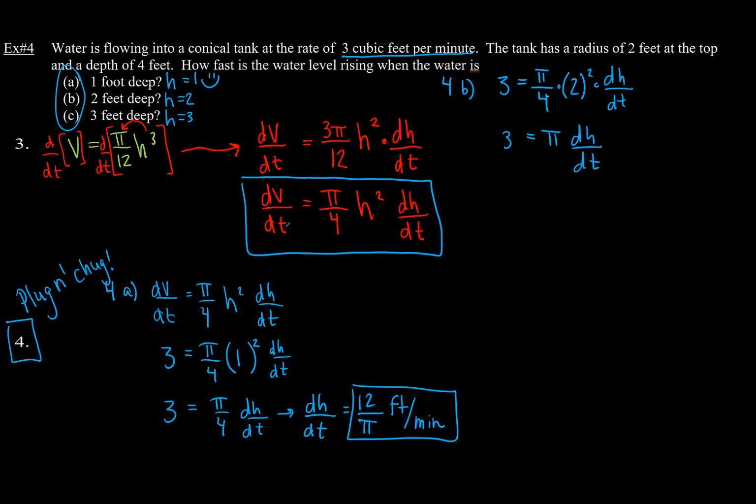My 2 squared and my 4 cancel, so I'm just left with 3 equals pi dh/dt. If I want to solve this for dh/dt, I'm just going to divide both sides by pi. I'm going to end up with 3 divided by pi feet per minute.